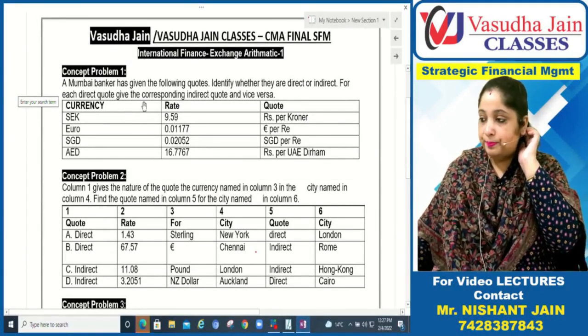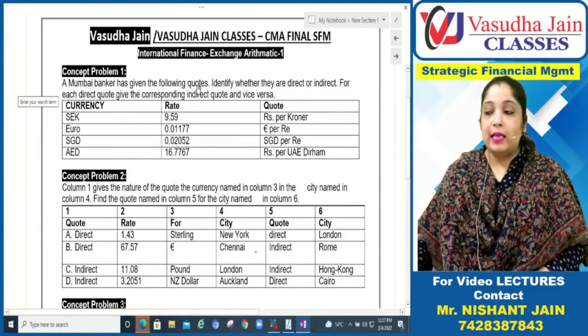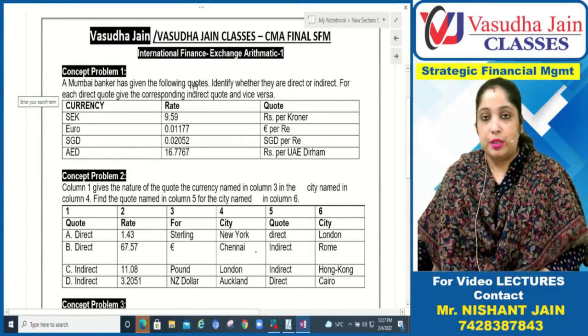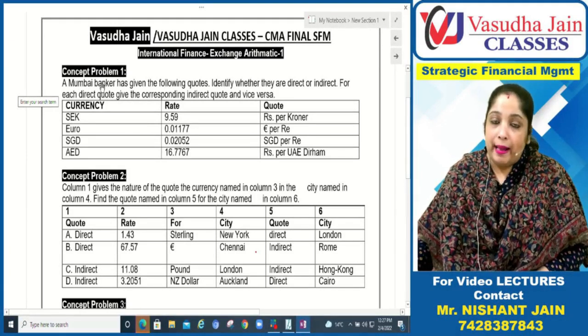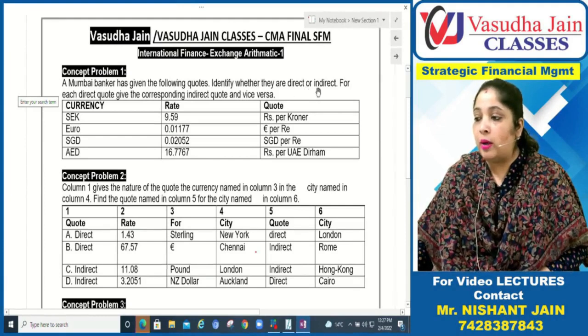Let us solve this question. A Mumbai banker has given you the following quotes. Identify whether they are direct or indirect.